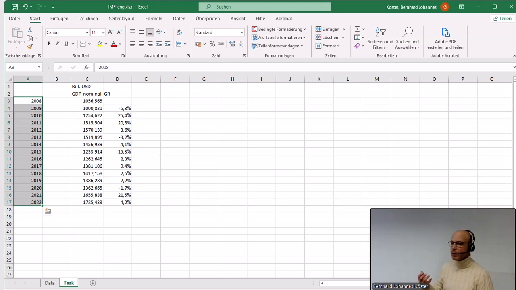So you have to know how to average growth rates. You have growth rates, and growth rates have to be averaged via the geometric mean and not the arithmetic mean. We have really talked a lot about this in this lecture.